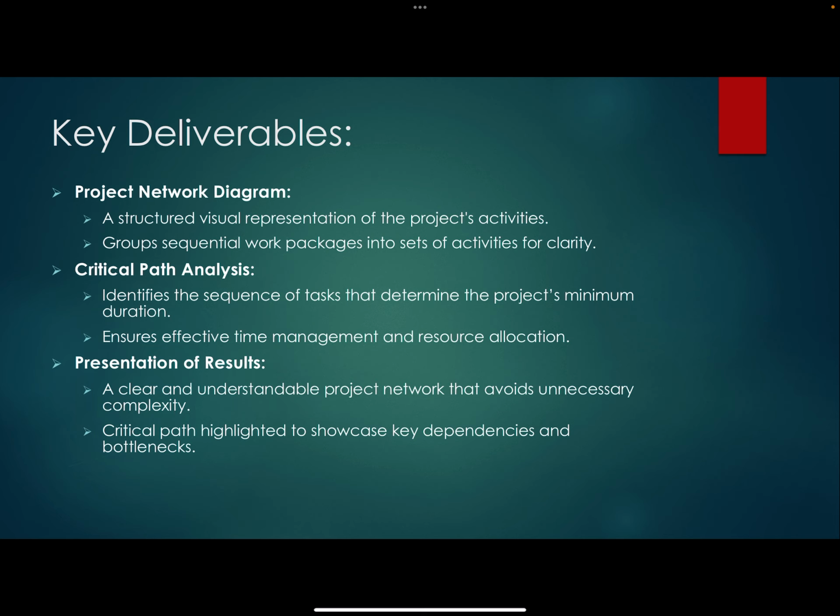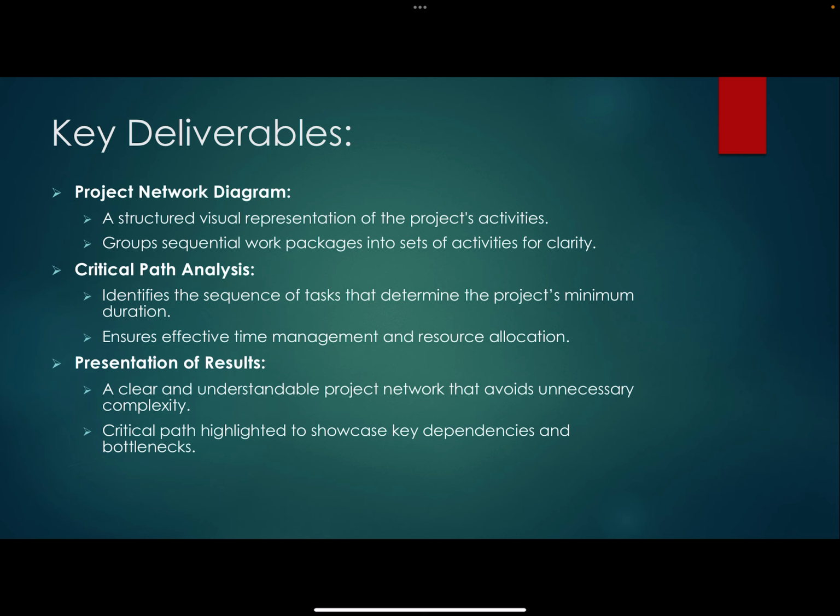Before going to the key deliverables, I'm going to give a little intro to our project network. What is a project network diagram? It is a representation of the project's tasks and their dependencies, which plays a crucial role in defining the logical task sequencing for the smooth execution of the project, and in identifying the dependencies to prevent network scheduling conflicts.